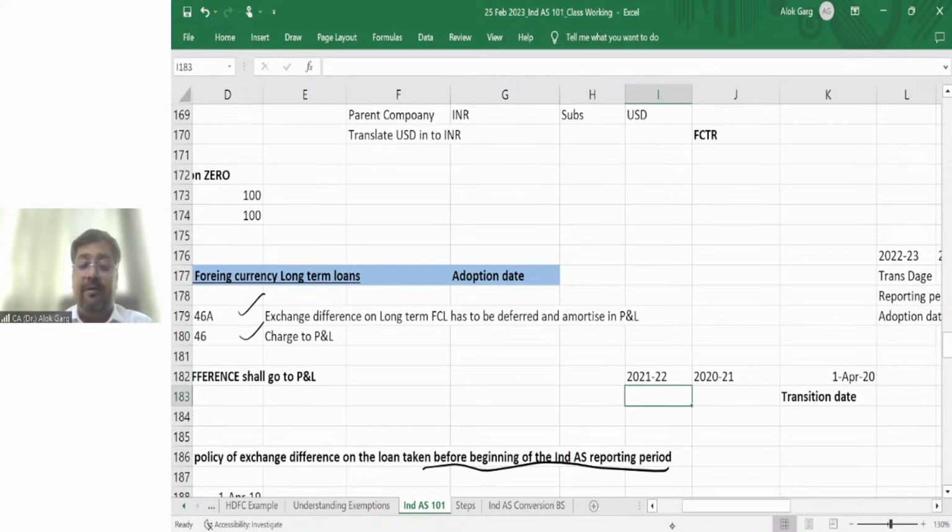Beginning of the reporting period means 1st April 21. This is known as the adoption date, or this is also known as the beginning of the reporting period.